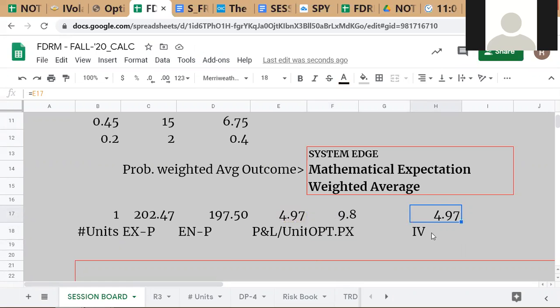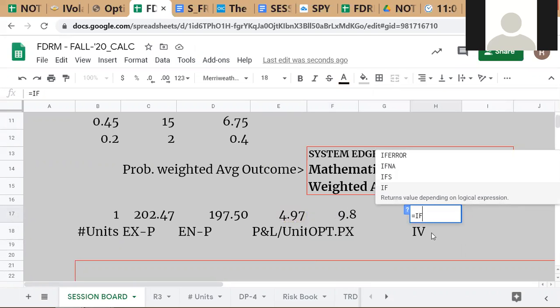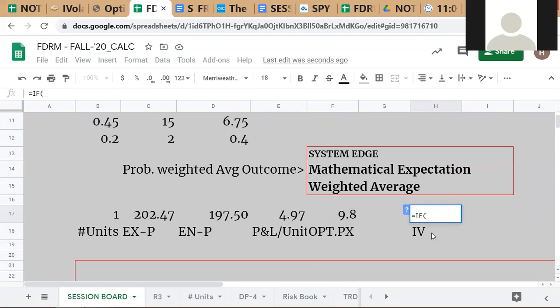Actually, we should write, you'll understand the way to write it. If, I think we put this like this. If this, I hope I'm getting the syntax right.